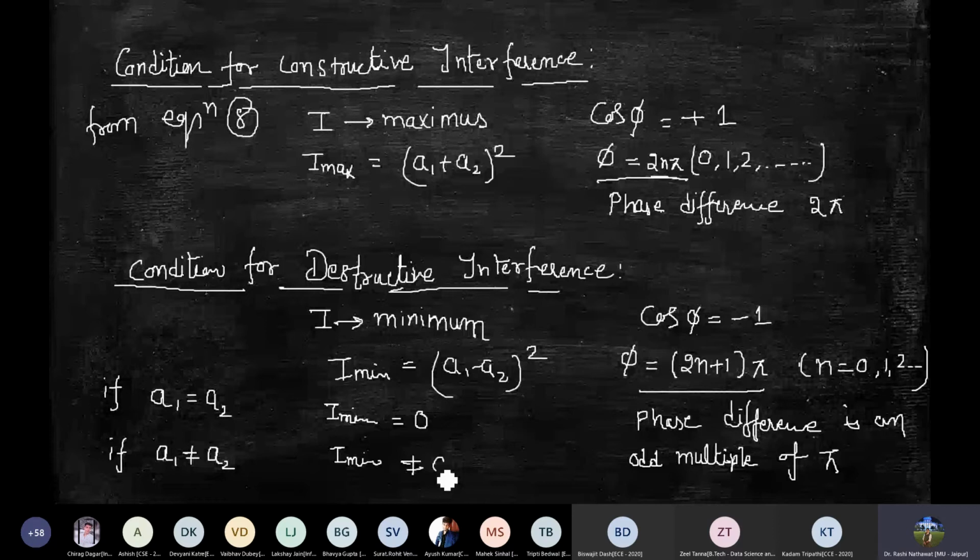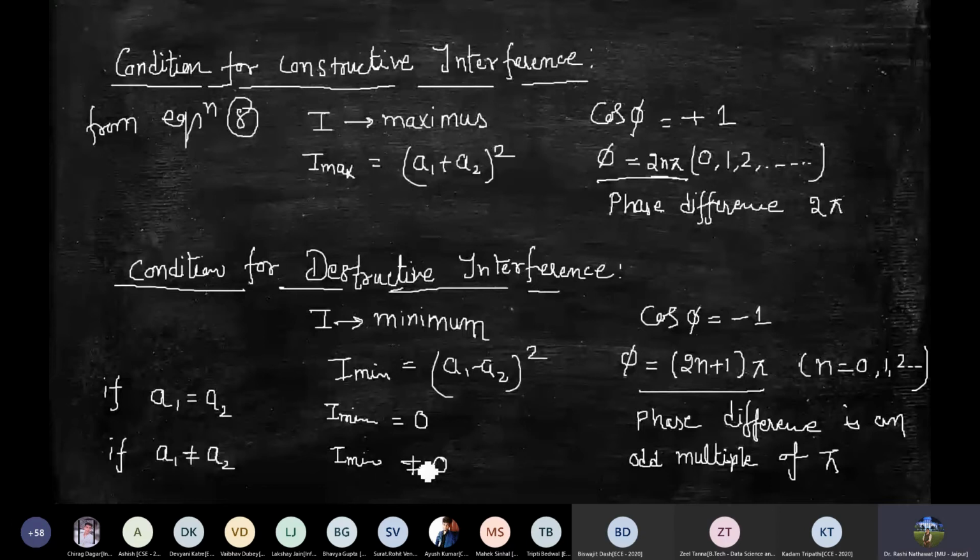That's it. So these are the superposition principle and how to add the displacements of superposed waves and calculate their intensities.